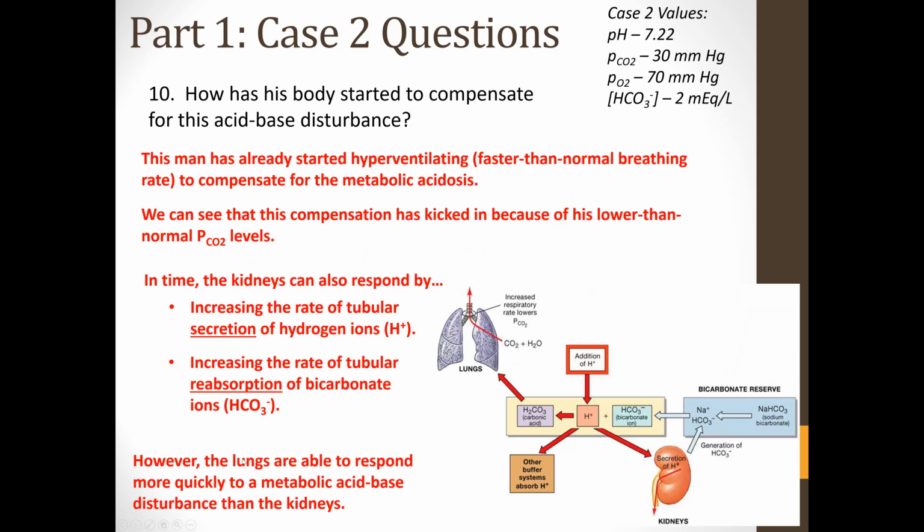Keep in mind, though, that when you do have a condition of metabolic acidosis, the lungs are able to respond more quickly than the kidneys because it's easier to change the breathing rate than to wait on the kidneys to filter all of these extra ions out of the blood.